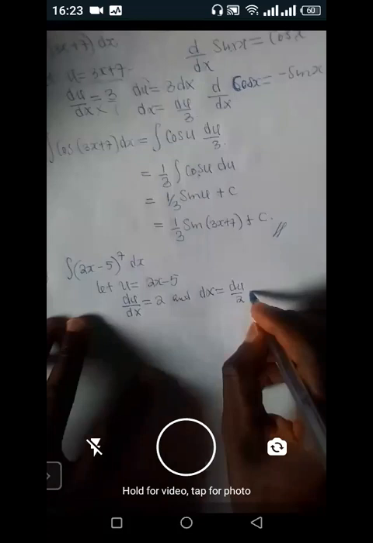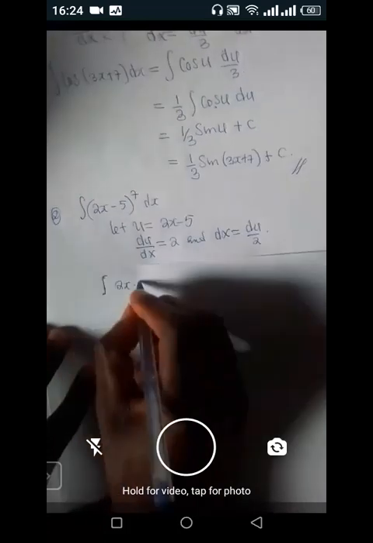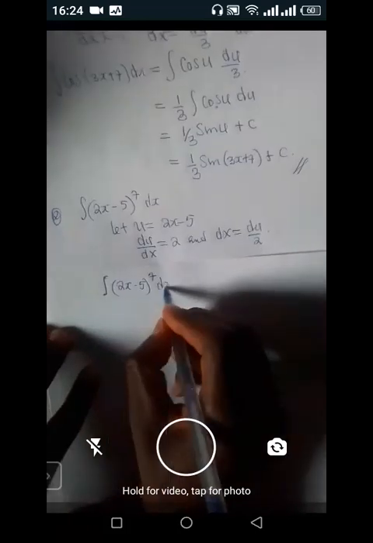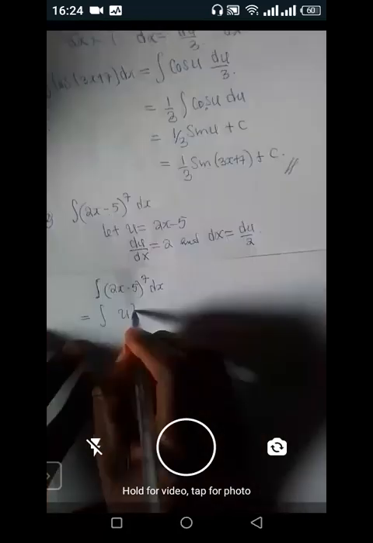So having that, this expression here, the integral of 2x minus 5 to the power 7 dx, will be equal to the integral of u to the power 7 times du over 2.